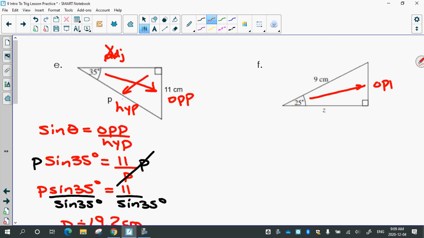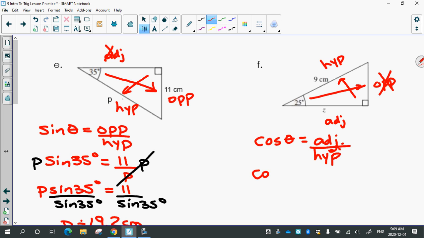Opposite. Hypotenuse. Adjacent. Cross off opposite. So it's cos. So my angle is 25 degrees. Adjacent is shown by a Z this time, over 9.